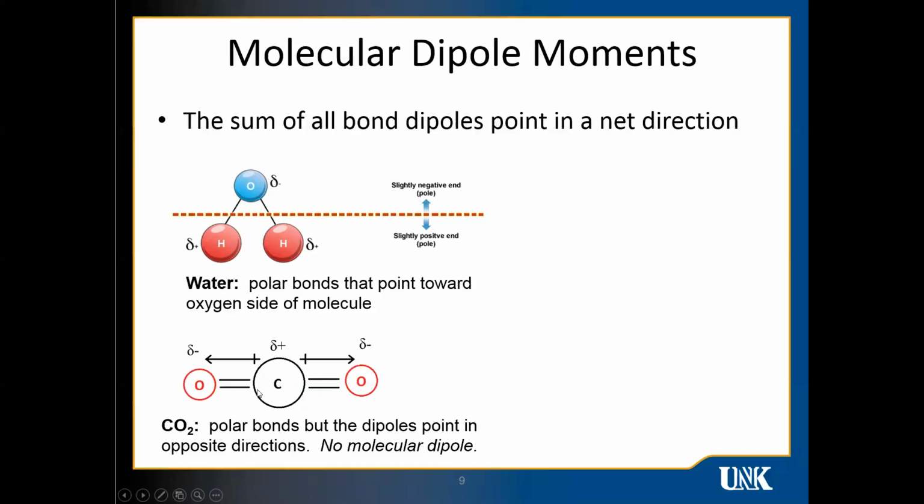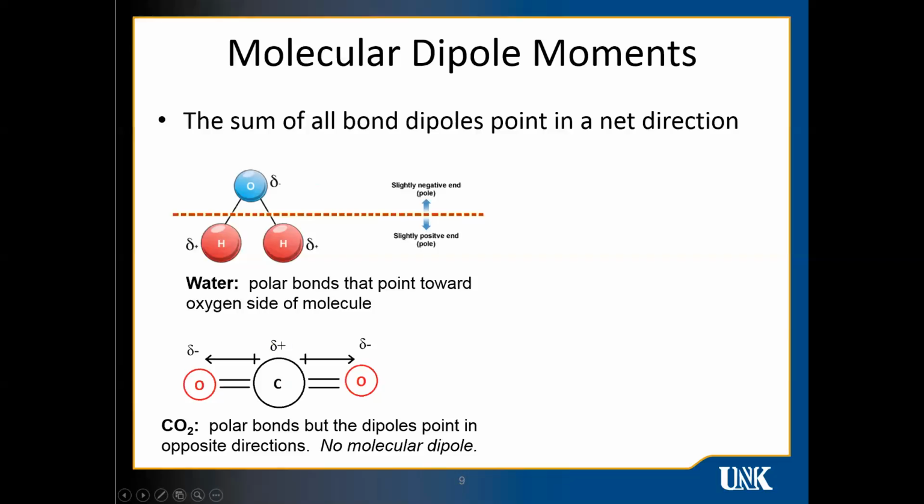But if we draw dipole arrows to represent this, the arrows are going to point toward the oxygens because the oxygens are more electronegative. But you notice the arrows then go in opposite directions. So the bond dipoles actually cancel each other out, making carbon dioxide a nonpolar substance. There's no molecular dipole, even though there are bond dipoles. So if the bond dipoles cancel each other out, the molecule will still be nonpolar.